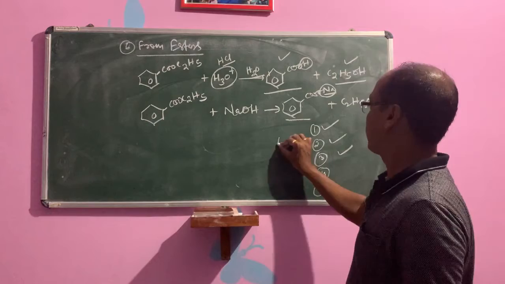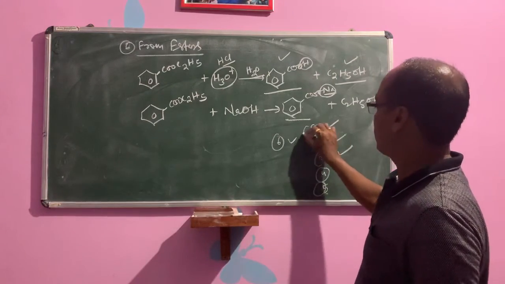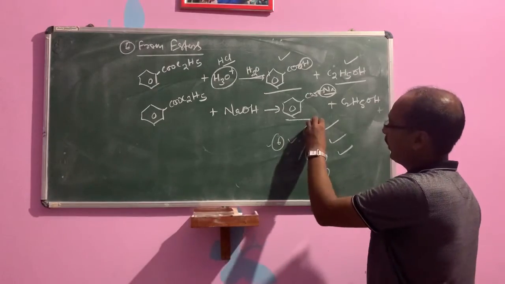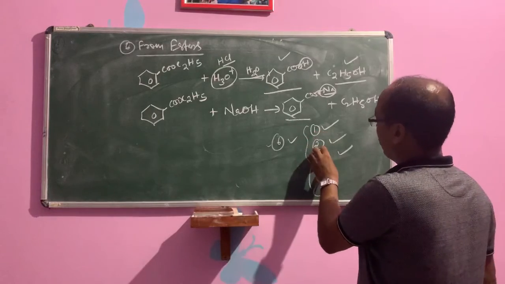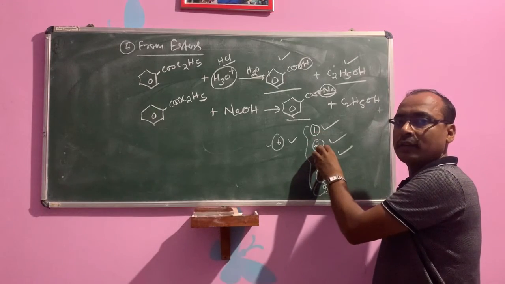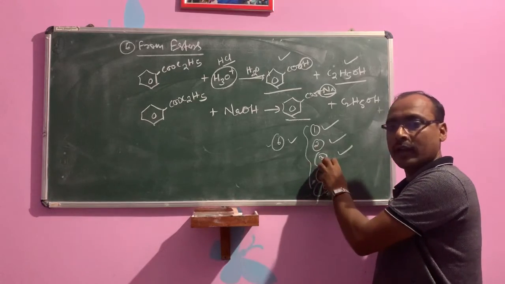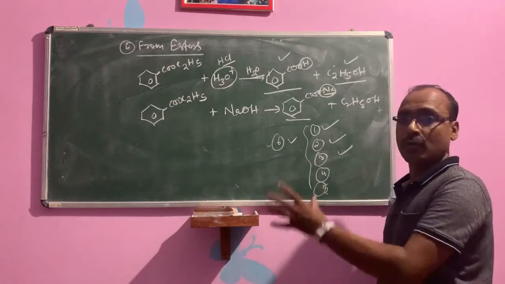Sixth is from ester. So these are the 6 preparations. You have to remember like this: preparation of carboxylic acid from alcohol and aldehyde, from hydrocarbon, from amide and nitrile, then fifth, acyl halide and anhydride, sixth, from ester. Like this you have to remember.